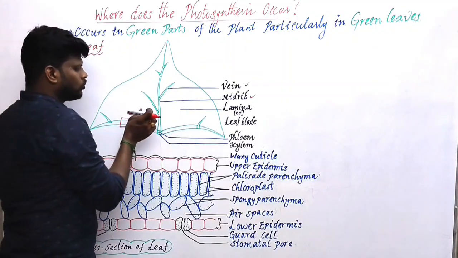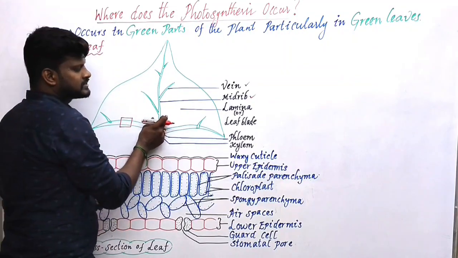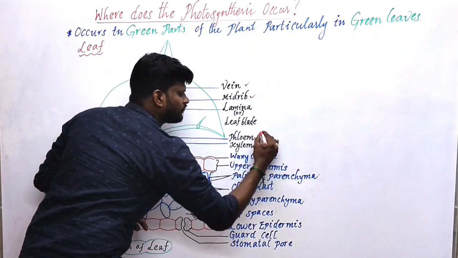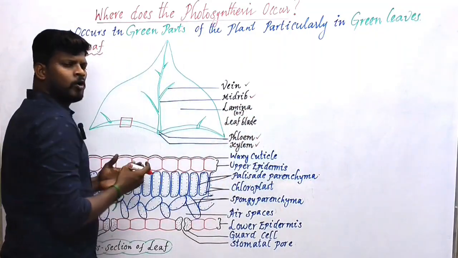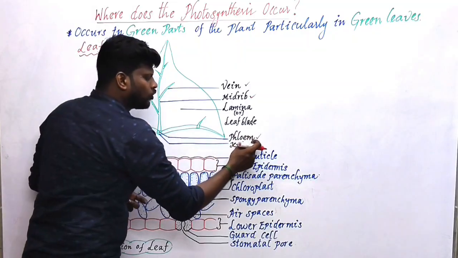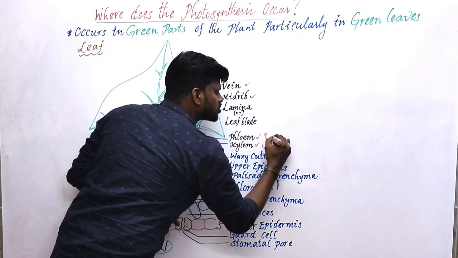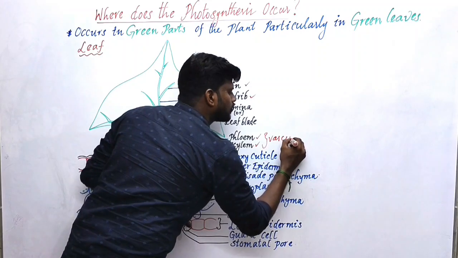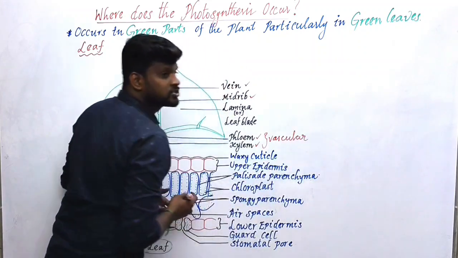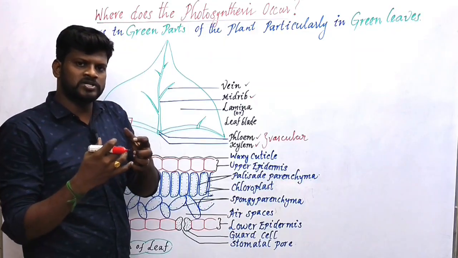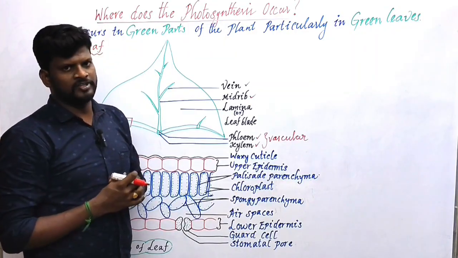Understood? So particularly the midrib and the veins consist mainly of phloem and xylem. What we discussed already, the phloem and xylem both are vascular tissues. Vascular tissues transport substances from one part of the plant to another part of the plant.